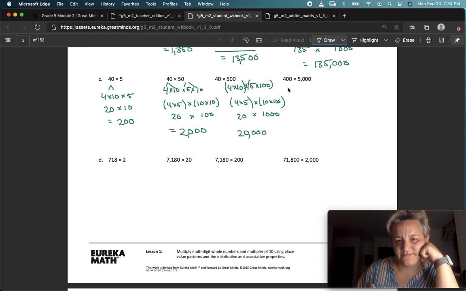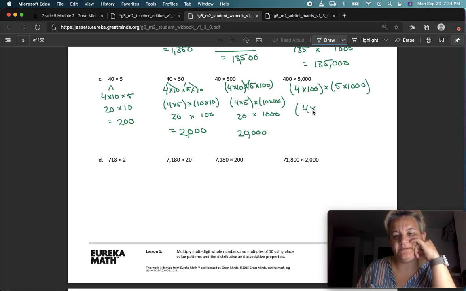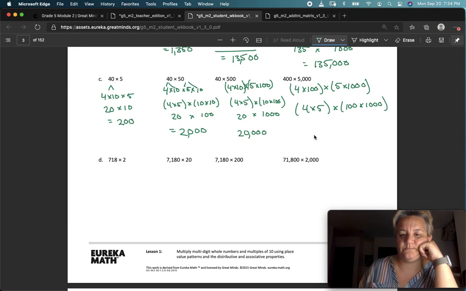Okay, now I've got 4 times 100 times 5 times 1,000, which equals 4 times 5 times 100 times 1,000, okay, which is 20 on that side.